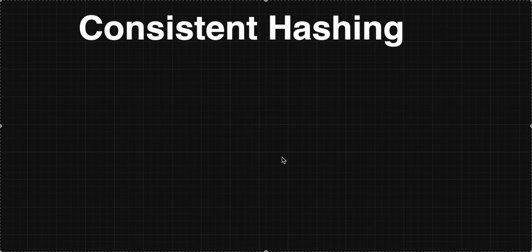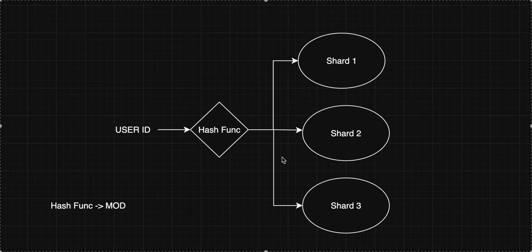Let's suppose there are three shards where you are saving data of a user, okay, and we have sharded based upon user ID. So what would be happening in the background is you will provide a user ID, and based on the user ID, there will be some hash function which will decide which shard to fetch data from, or which shard to save this data in.